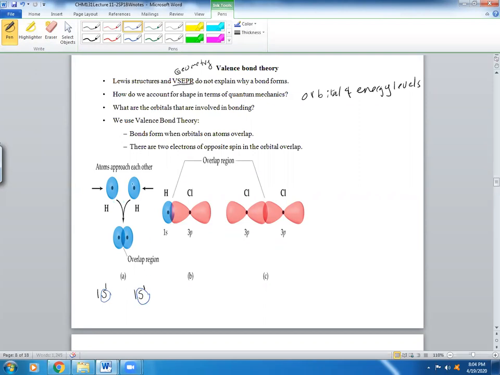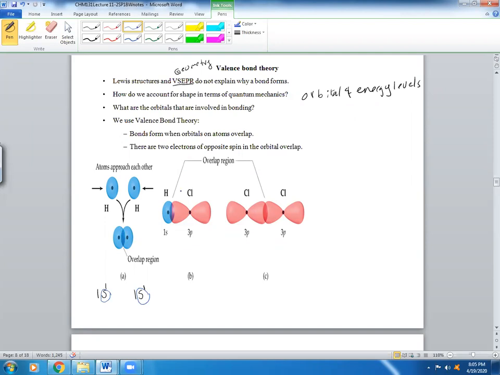These are those orbitals. And there are, of course, electrons in those, one electron each in the orbitals. That's what the valence electron is for hydrogen. And if you notice that when they get near each other, there's an orbital overlap region. It's darker right there. It is darker in the middle. And that's basically where the bond, or the majority of the bonding, occurs.